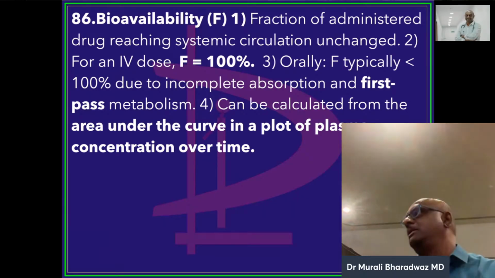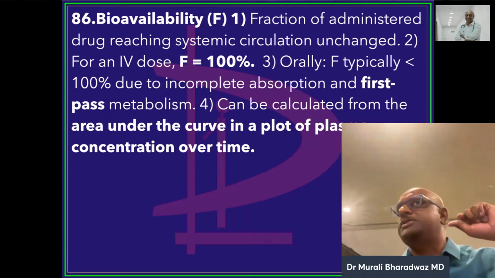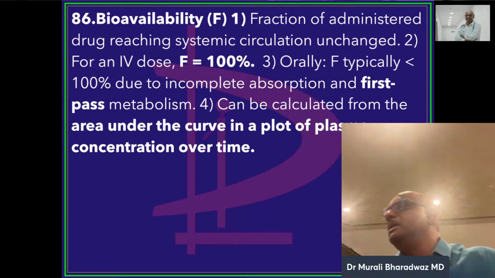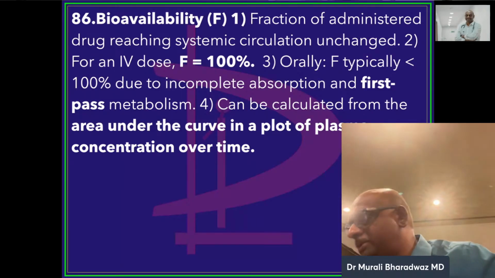Bioavailability means: out of the administered drug, what fraction could enter the systemic circulation without any alteration or change? If you give it intravenously, bioavailability is 100%. Orally, it will typically be less than 100% because of incomplete absorption.